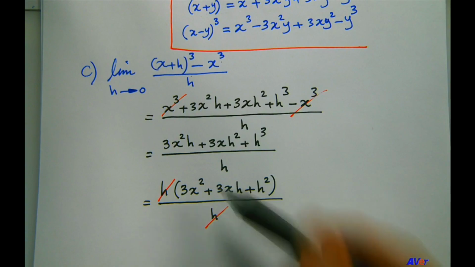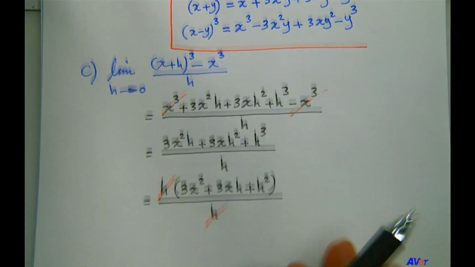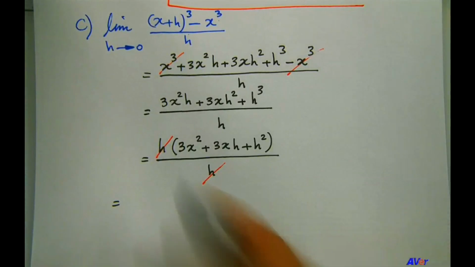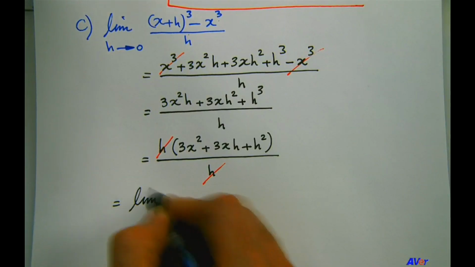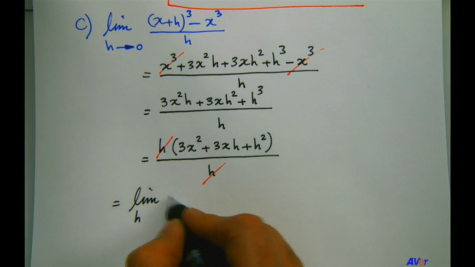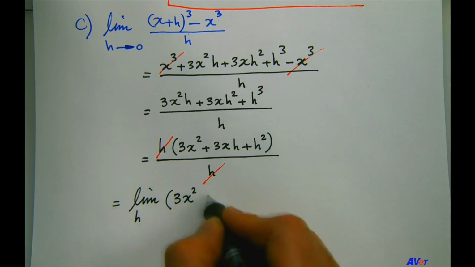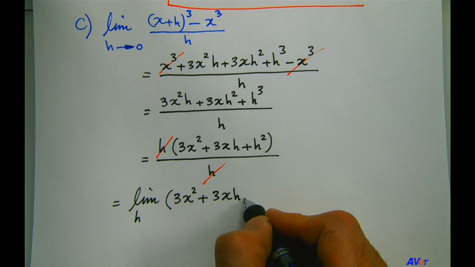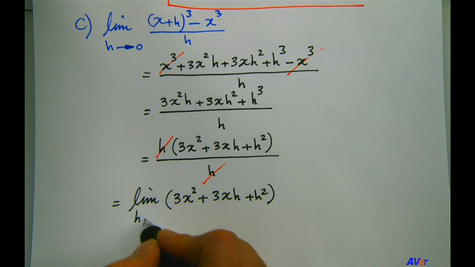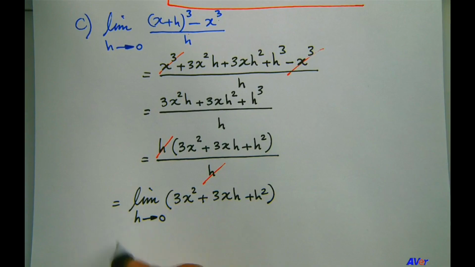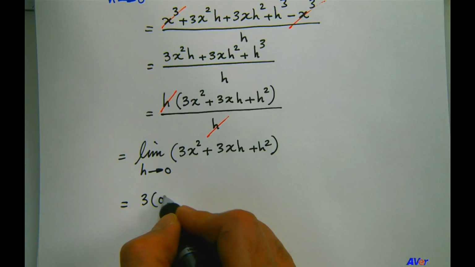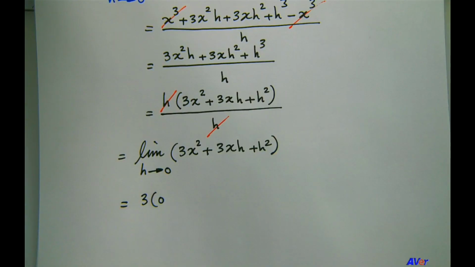So now let's apply the limit to what we have left. So in other words, we have the limit of whatever is left, 3x squared plus 3xh plus h squared as h goes to 0. Okay, so replacing there, sorry, let me correct that with my thick marker here.